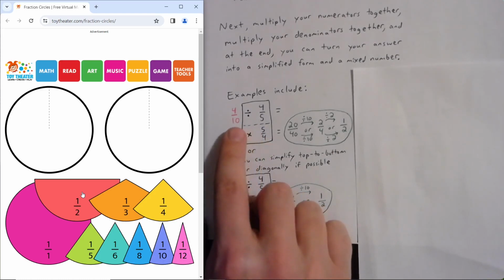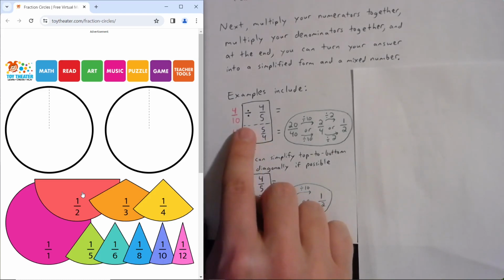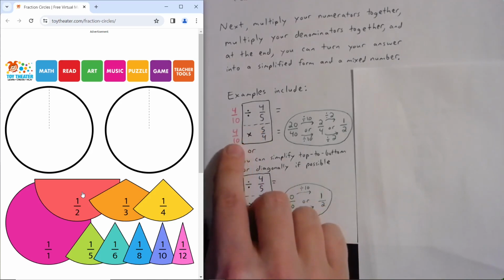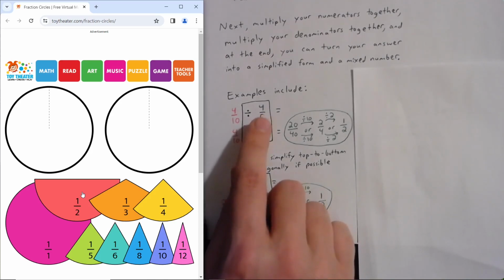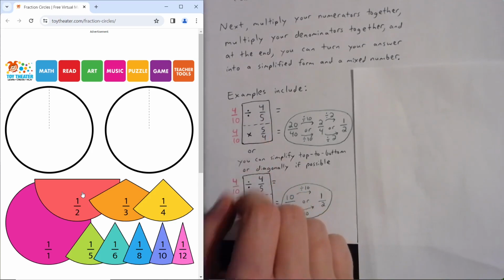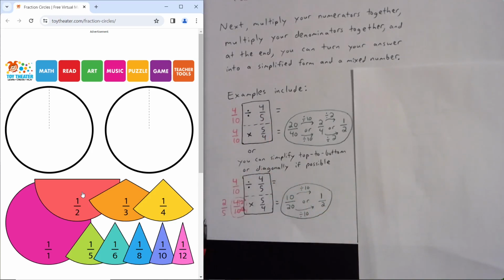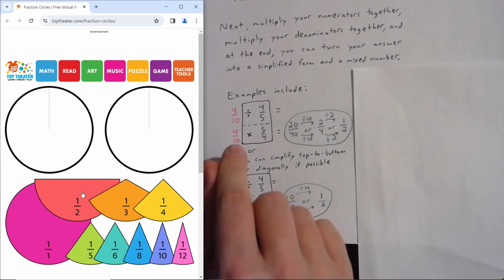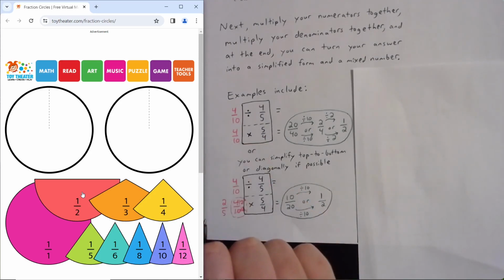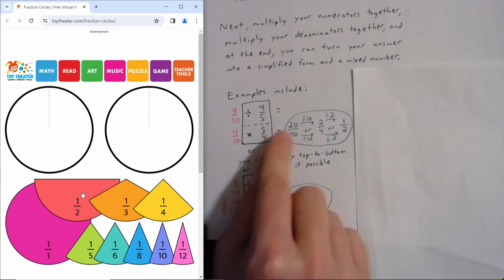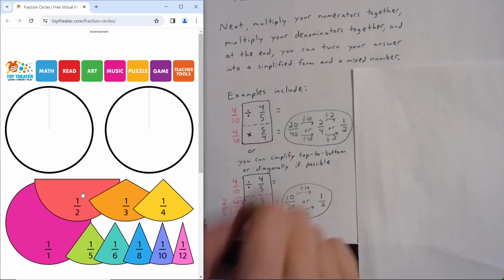So my problem changes from 4/10 divided by 4/5 into 4/10 multiplied by the flip form of that, which is 5/4. Remember, the flip form is also called the reciprocal. Okay? So we have 4/10 times 5/4 now. And we can do 4 times 5 is 20, and 10 times 4 is 40.